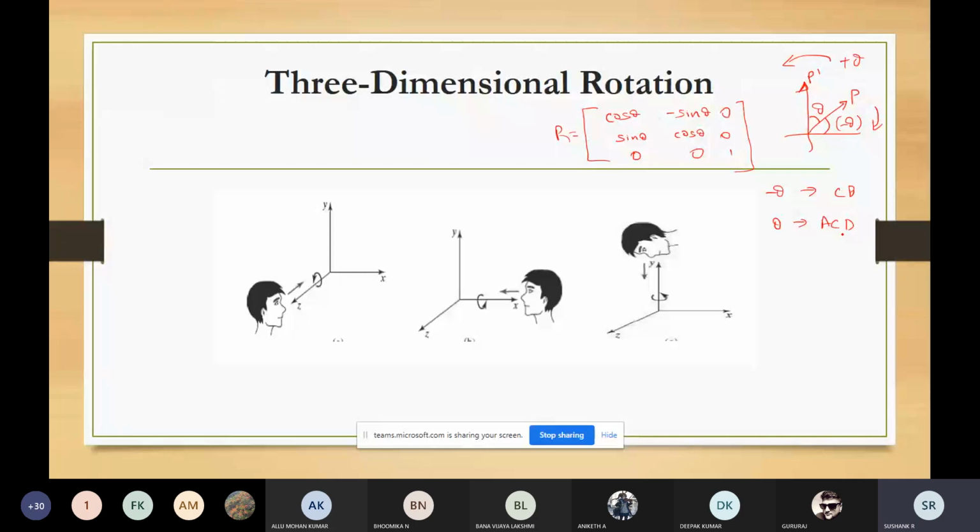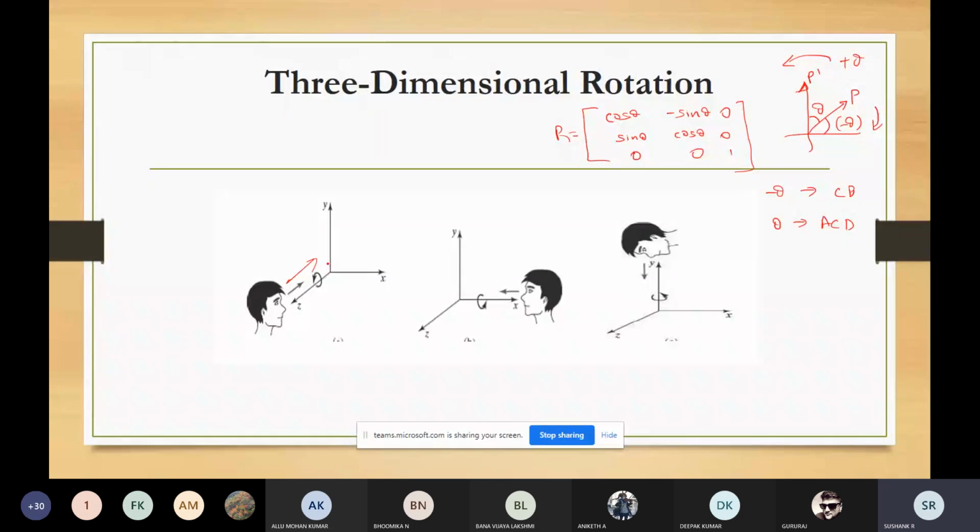If I'm looking towards the origin, my positive rotations will be in the anti-clockwise or counterclockwise direction, and a negative value of theta will be in the clockwise direction.